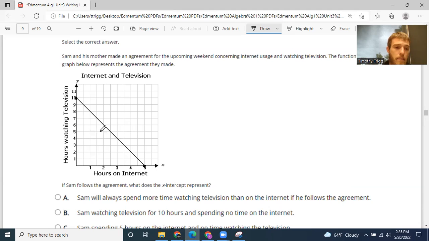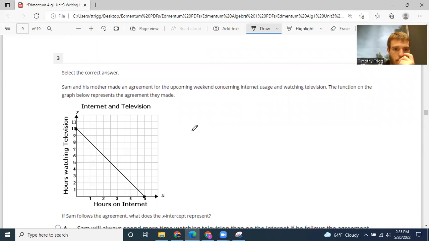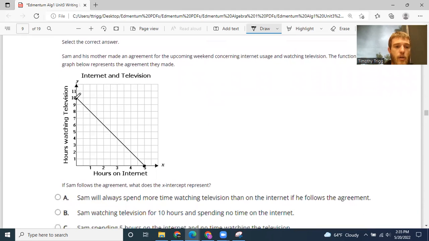So it looks like, this is a lot of TV, but it's basically saying if he just watches TV, then he could watch 10 hours of TV if he does no internet. So he could have 10 hours of TV with no internet, because this point is 10, 0.